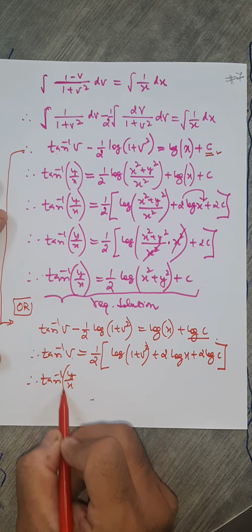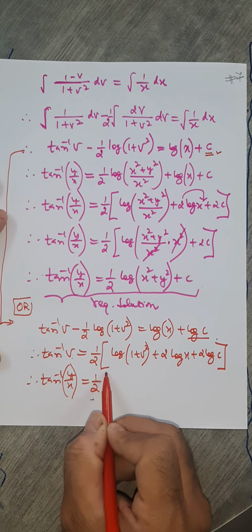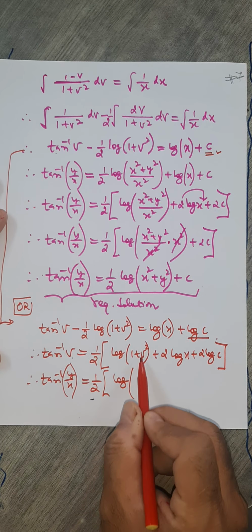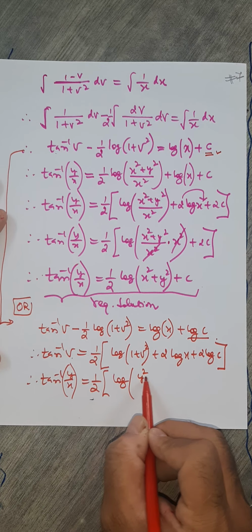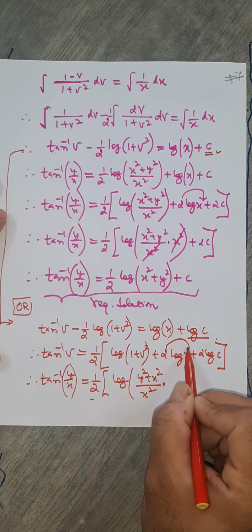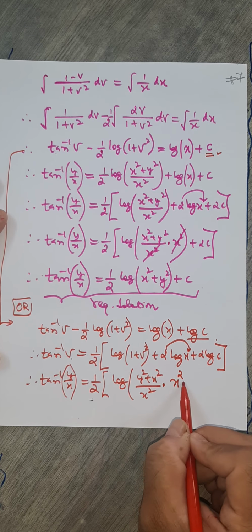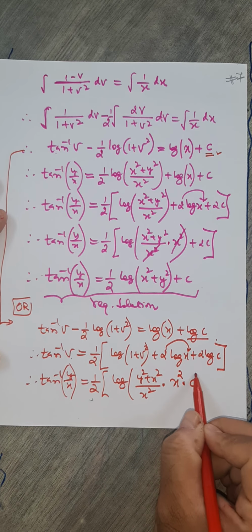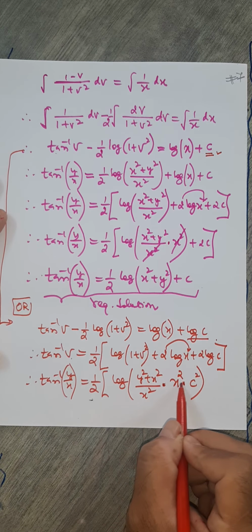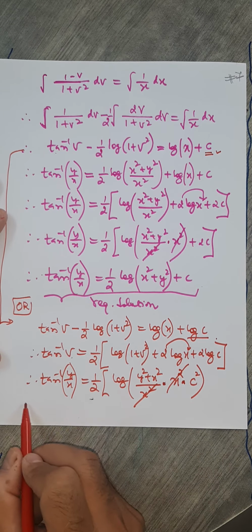So tan inverse y by x equals to 1 upon 2 log of, I'm taking log common, y by x, so here y square plus x square by x square. This 2 will go in power, so this is x square, and this 2 will go in power, c square. And once you take log outside, this addition becomes into, remember, this will get cancelled.